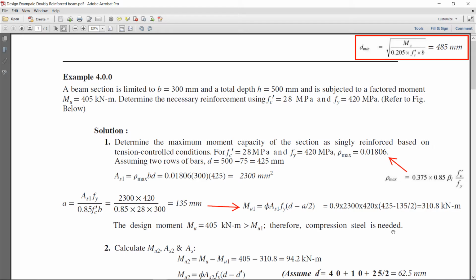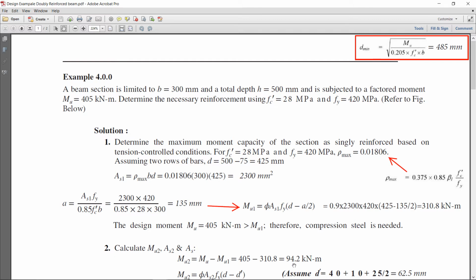So how do we calculate the compression steel? In this step I will calculate moment Mu2, area of steel for compression, and the total steel. Mu2: how much moment will be resisted by the compression steel? The total applied moment minus the tension controlled region moment 310.8, the remaining moment will be resisted by the compression steel.